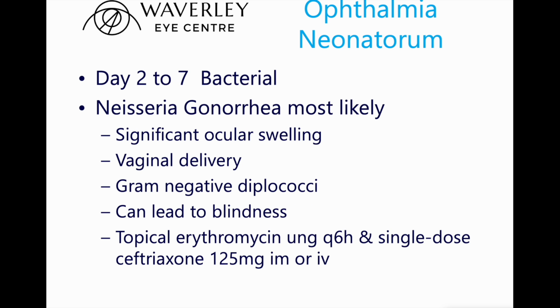Day 2 to 7, you're thinking bacterial, and most likely at that day it'll be Neisseria gonorrhoeae. This one can lead to blindness, and it has a lot of symptoms. It is treated with one dose, either intramuscular or IV antibiotic, and you can add a topical supportive antibiotic as well.